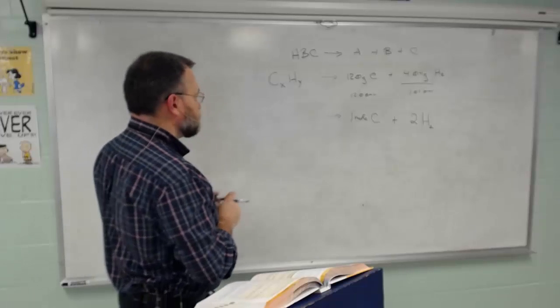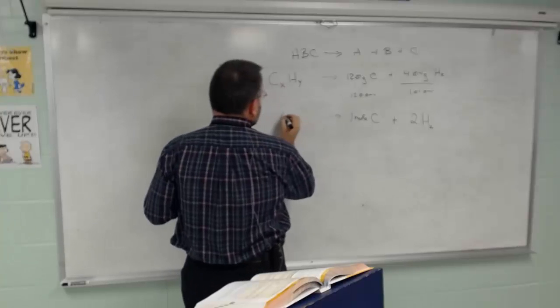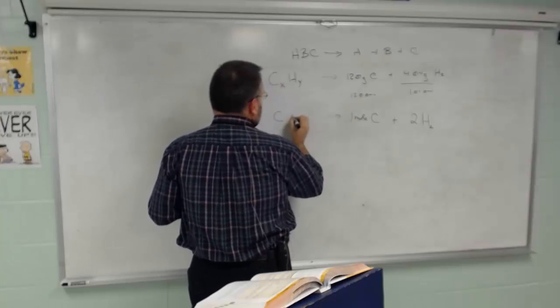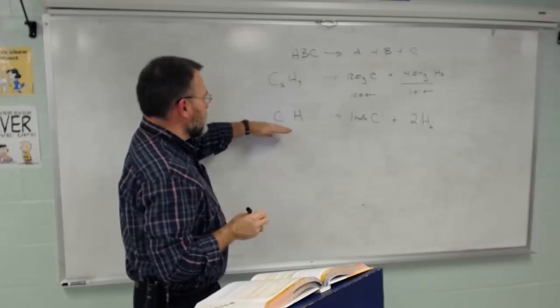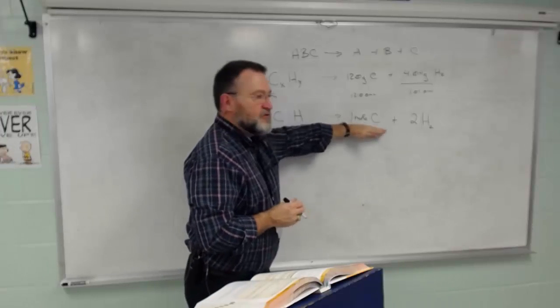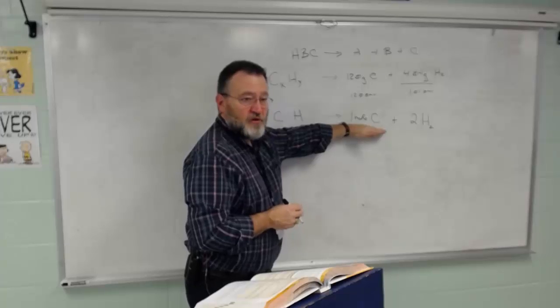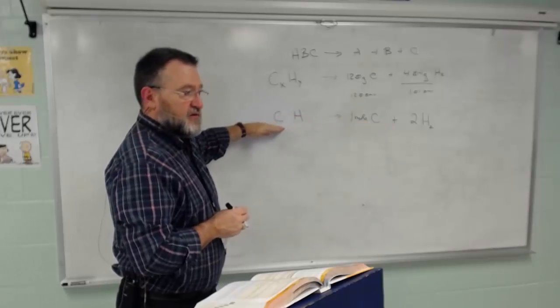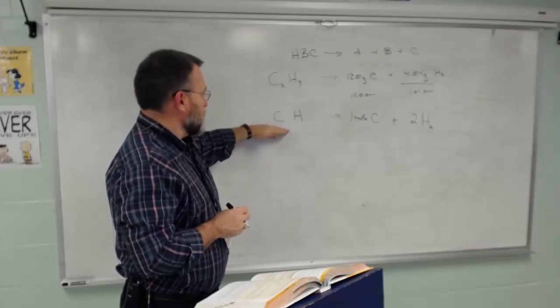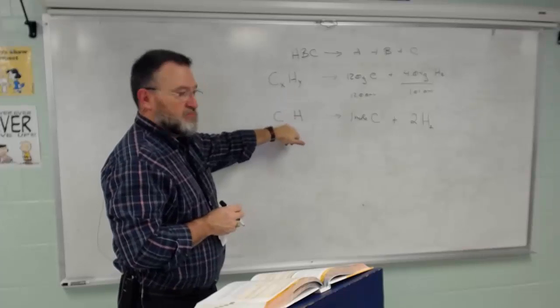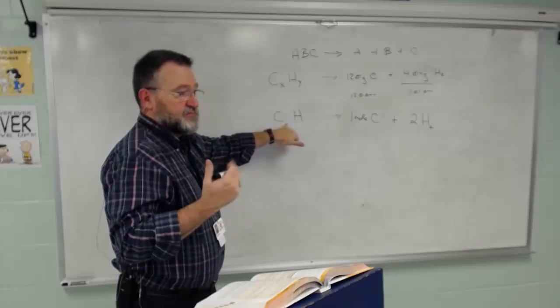So I have a molecule. Now to put in X and Y, for every mole of carbon produced, I need to have 1 mole of carbon reacted, in this case decomposed. So what is my value of X? It's just 1. So it's an implied 1.